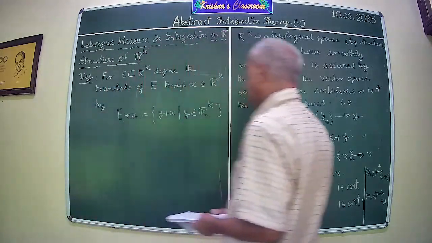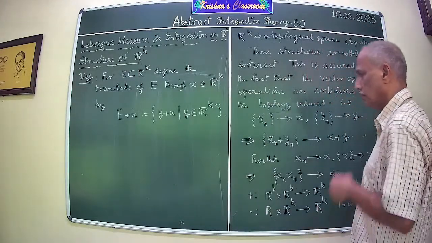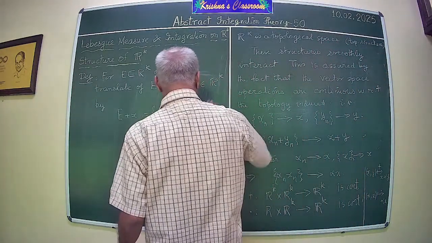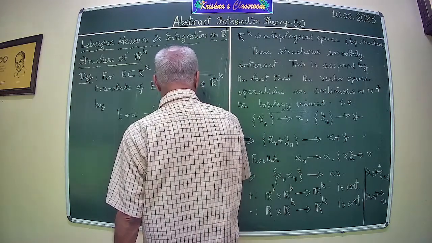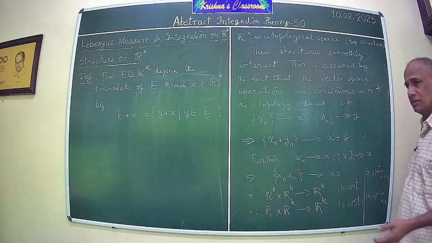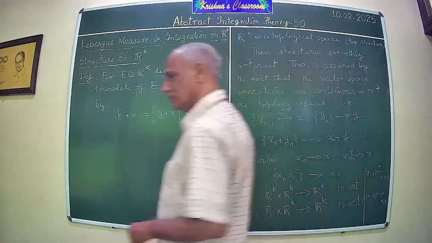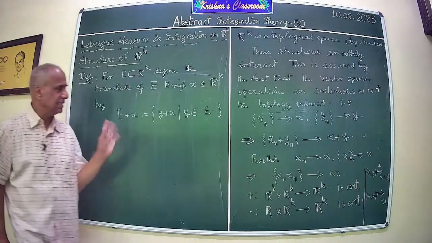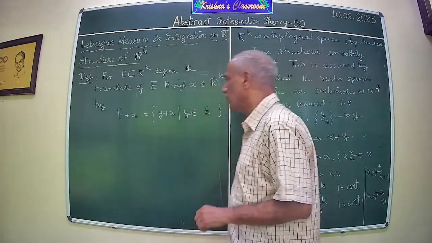Take all the elements y belonging to E and then add to them x. You get a new set of points in Rk, and that collection is what is called the translate of E by the vector x.